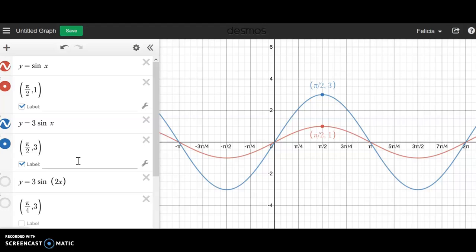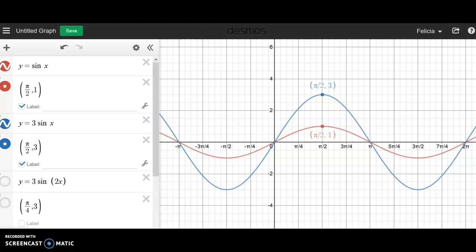Okay. Now let's go ahead and take a look at what happens when we're working with that omega value of 2. Remember that that's producing a horizontal compression on our graph. So instead of only seeing one cycle of that sine graph between 0 and 2 pi, we're going to see 2 cycles instead.